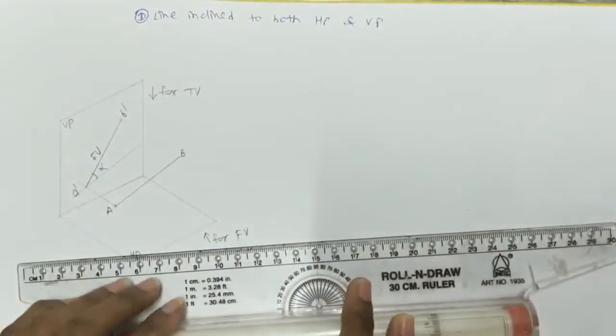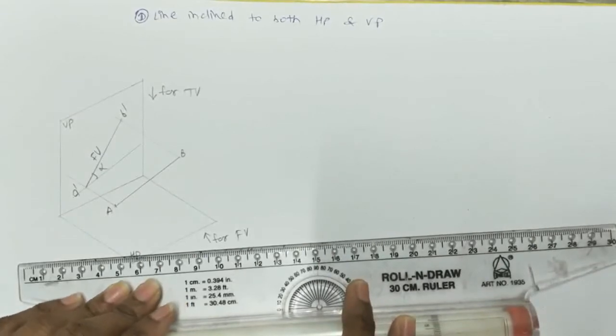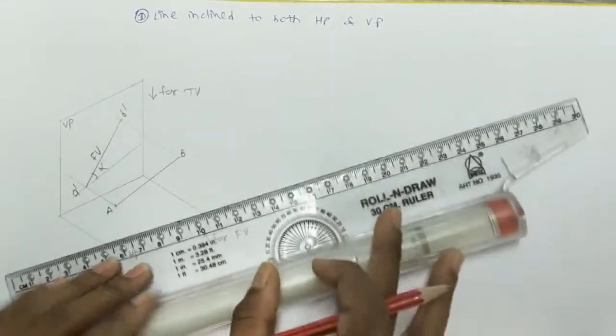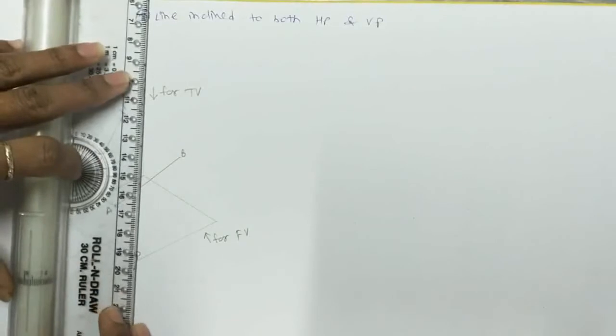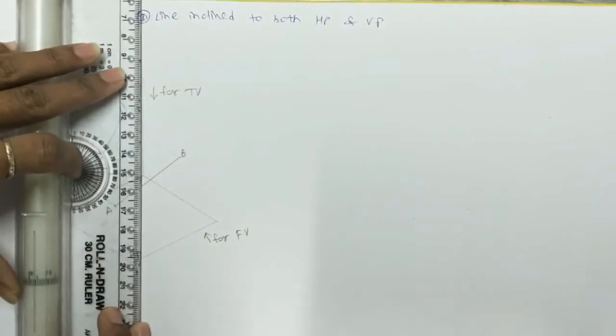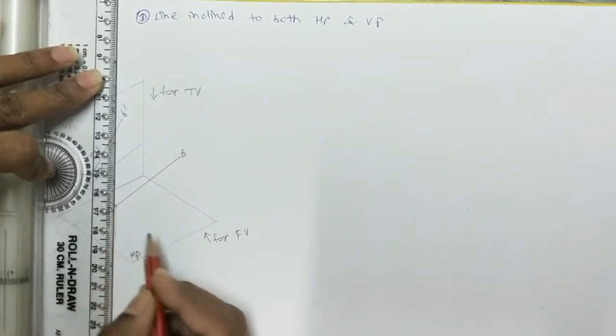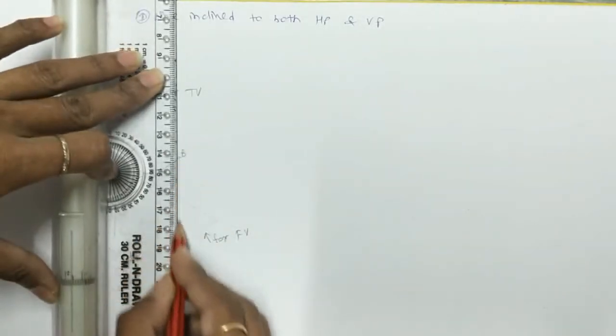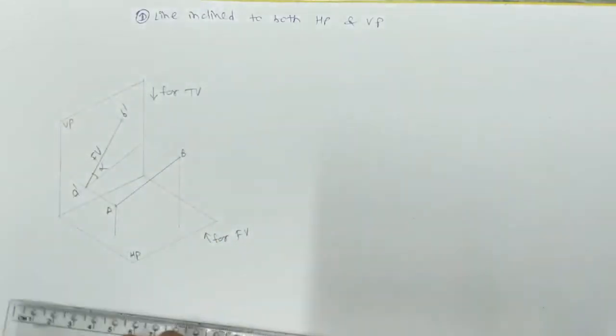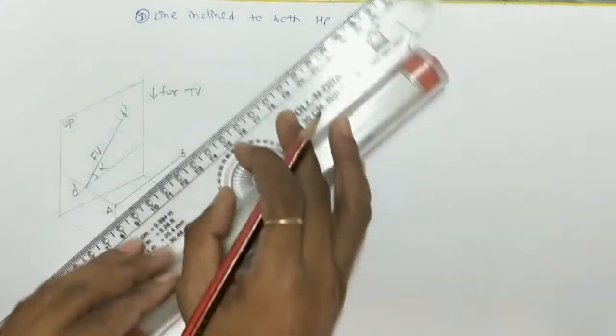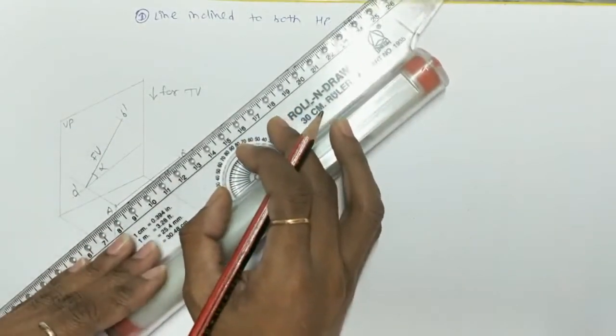For the top view of this line, take projections from points A and B. Here also there is an inclination angle.